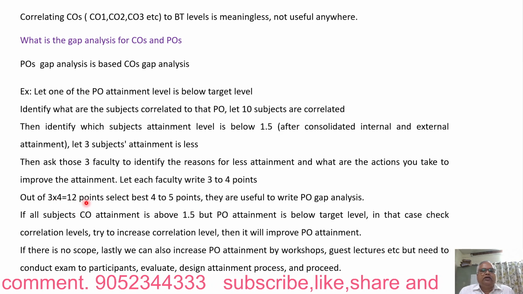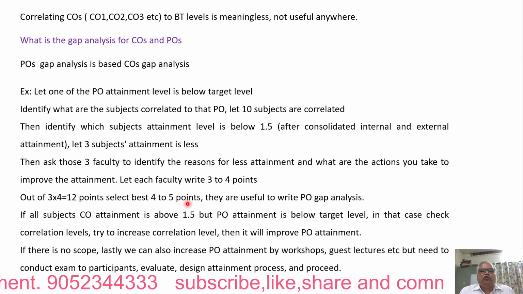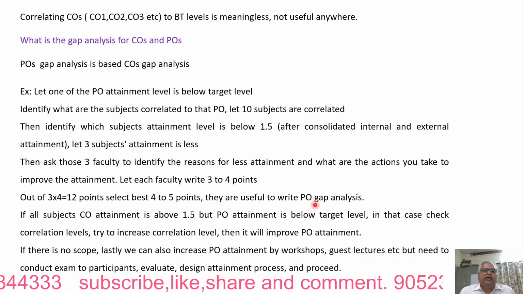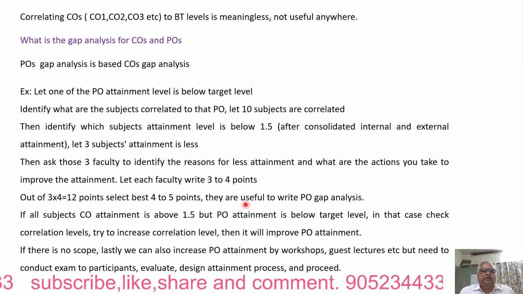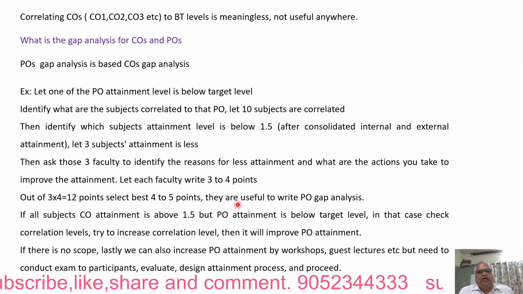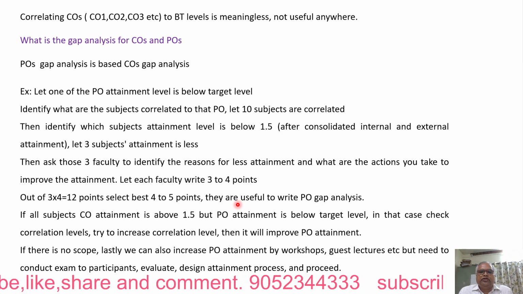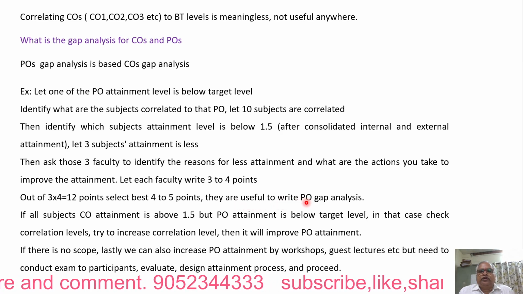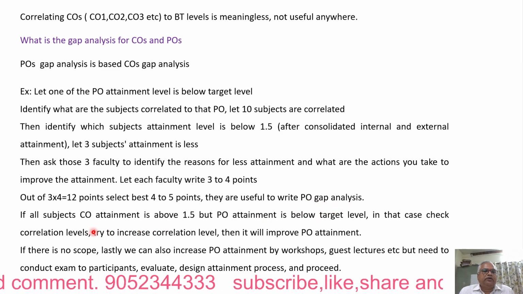Out of 12, select the best 4 or 2 points. They are useful to write the PO gap analysis. This is something like what is the problem they identified and how they overcame it. That kind of information we have to write under PO gap analysis.